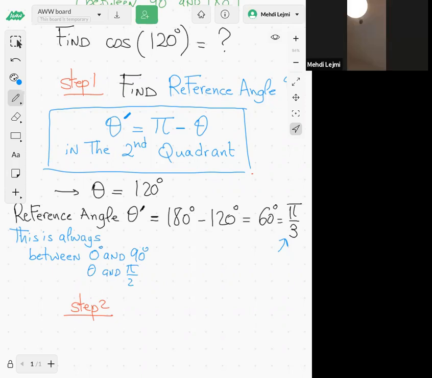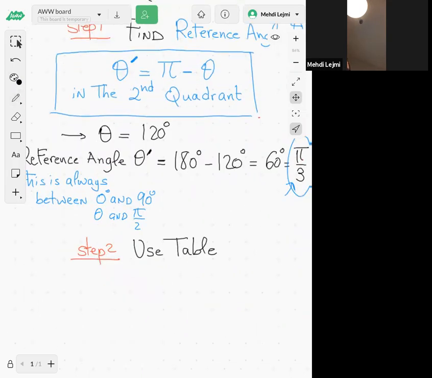Once you get your reference angle, which is an angle between 0 and 90 degrees, now you can use your table. So then cosine of 120 degrees will be cosine of the reference angle.